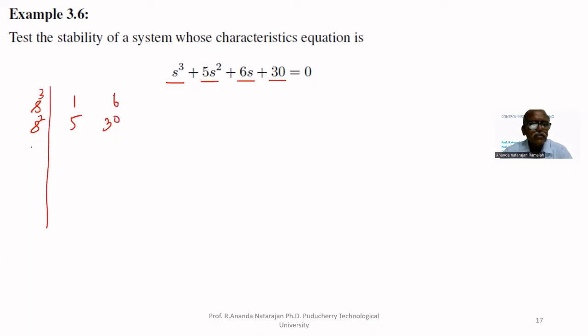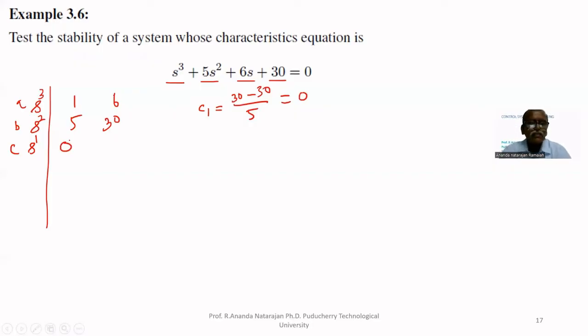Now S power 1 we have to form. 5 multiplied by 6, 30. Therefore, C1 equal to 30 minus 30 divided by 5 equal to 0. So we cannot proceed further.